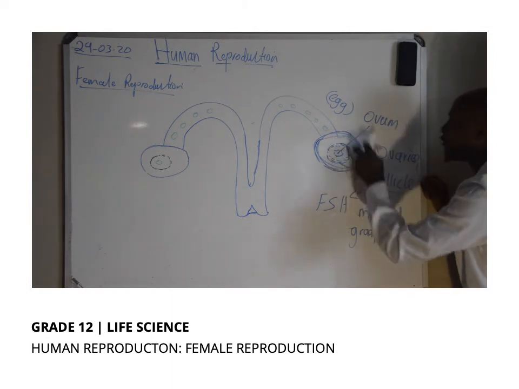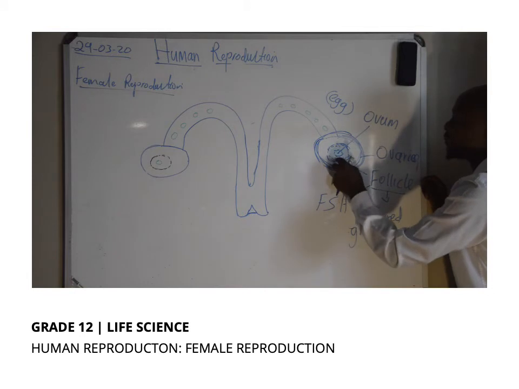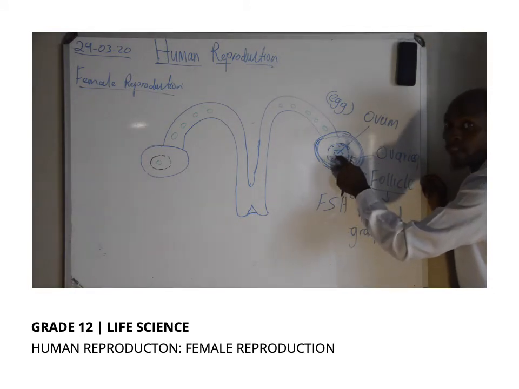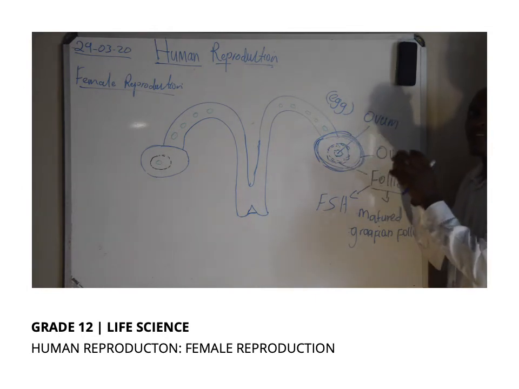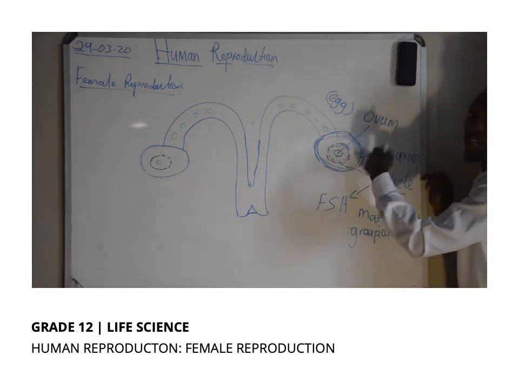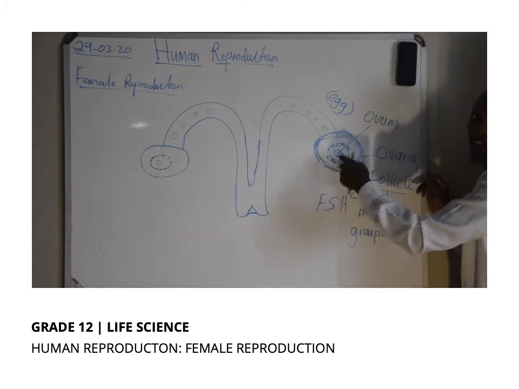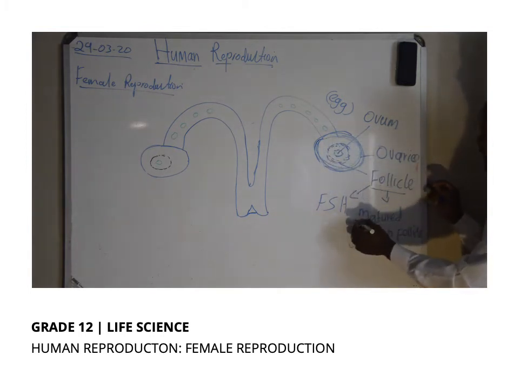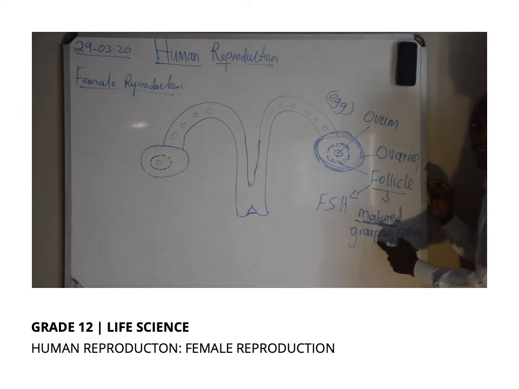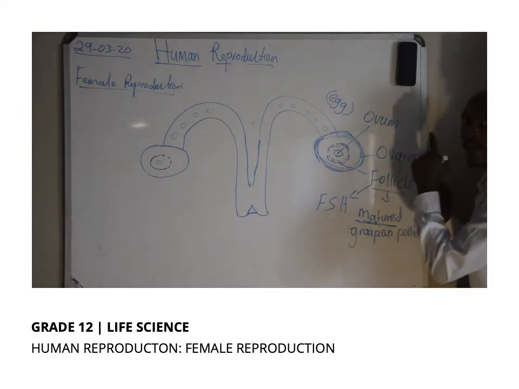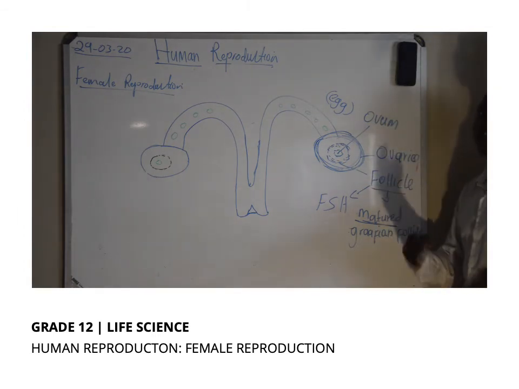So we have the ovary, and within the ovary, FSH stimulates a follicle, and within that follicle, we then have an ovum, and that ovum is growing. As that ovum grows, the follicle is also growing. Then we end up having what? A matured follicle, which is called Graafian follicle. When it is not matured, we just call it follicle.